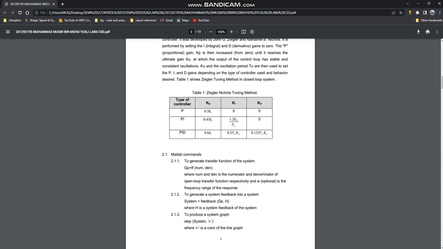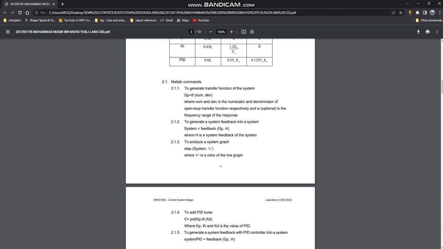We go to the MATLAB command. The MATLAB command here has 5 commands, which students need to use to be able to get the graph of P, PI and PID.